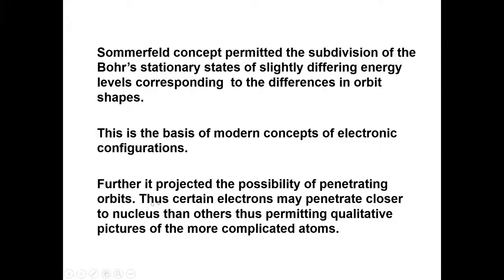No, it does not work. The orbitals can be interspaced. Just like a woman wearing bangles, all the bangles can overlap one another, the orbitals also overlap one another. So certain electrons may penetrate closer to the nucleus than other electrons which are not closer.